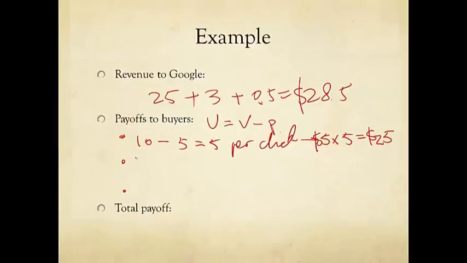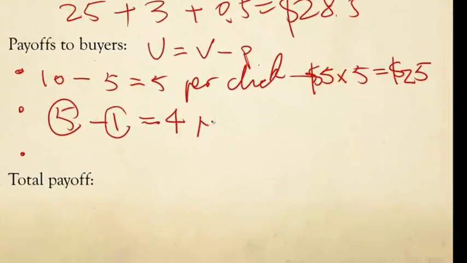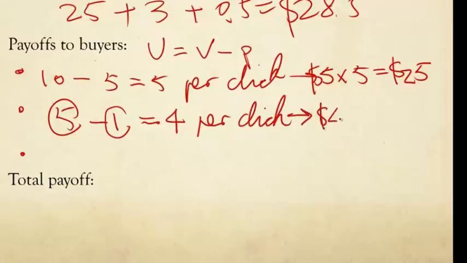And the second bidder's payoff is $5 minus 1. That's your valuation, and that's the price you pay. So what you get is $4, that's per click, which translates into $4 times 3 clicks per hour, that is $12 per hour.